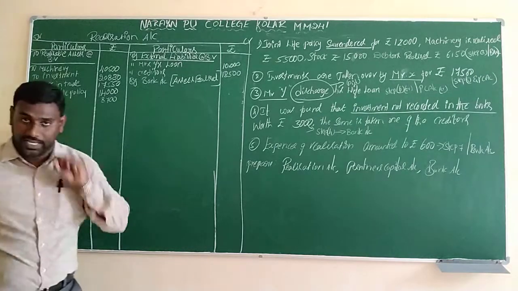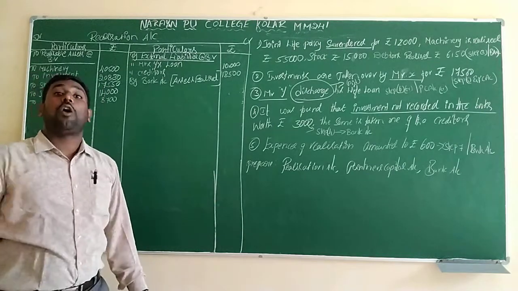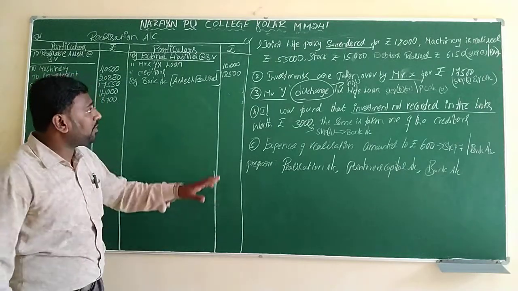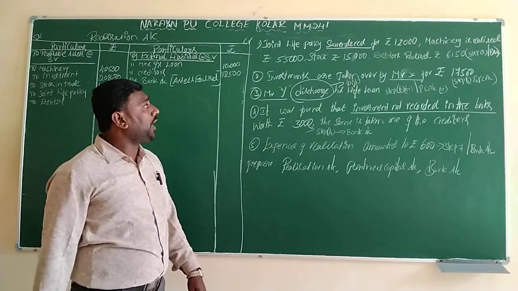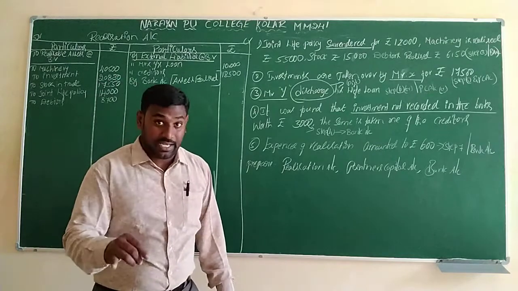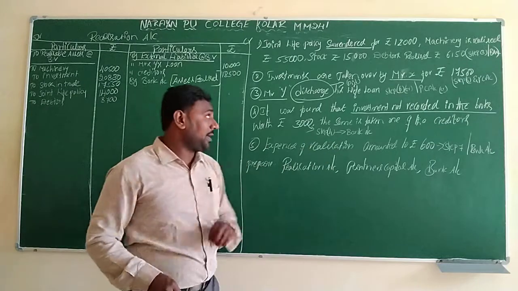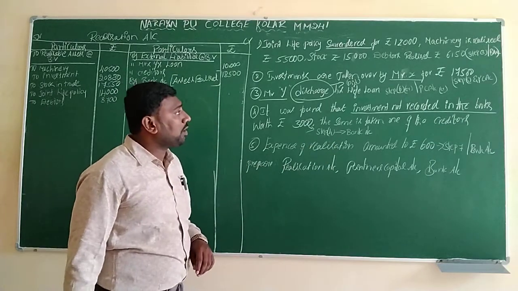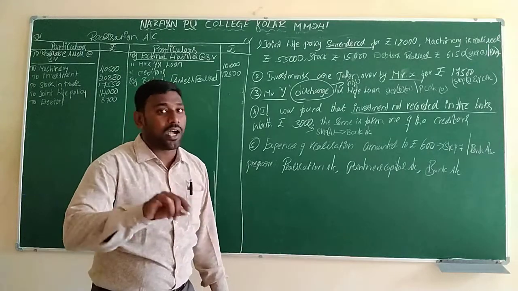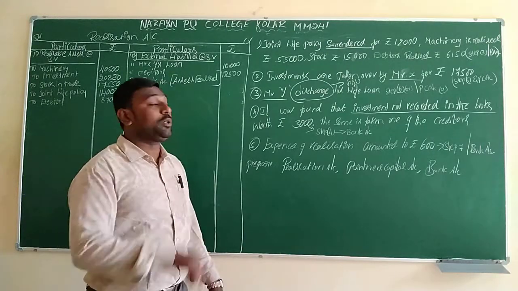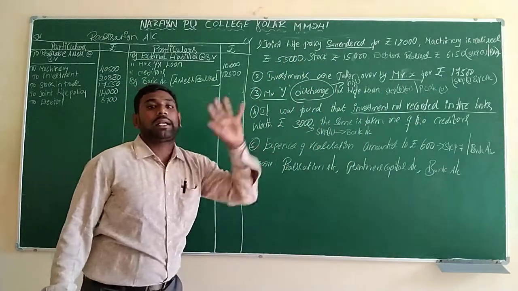Out of those assets, how many assets have been sold and how many have been taken over, that information is given in the adjustments only. Here they are given joint life policy surrender. Surrender is nothing but sale, and sale is nothing but realized. Machinery, stock, debtors are given. Out of 5, 4 assets are sold. 1 asset they are not selling, so that will be taken over. So totally 5 assets will be cleared.